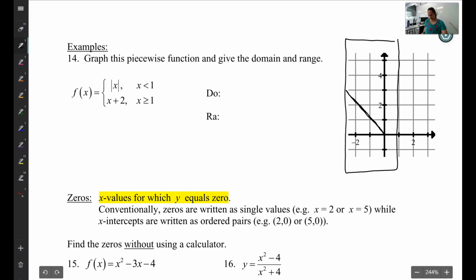Right there. And like this. Right there. But I only want to graph this in my box. So I'm actually going to erase this one and only draw it up to there.